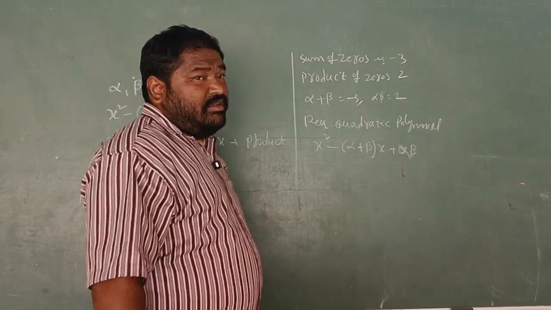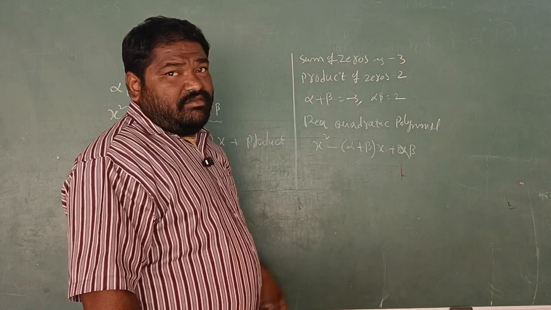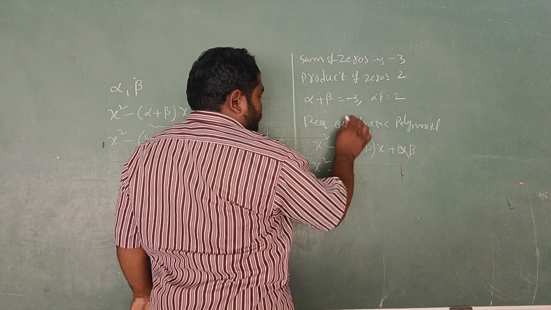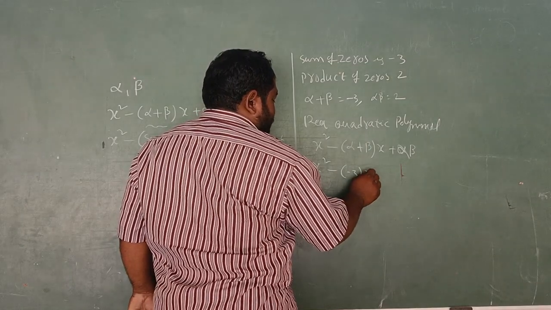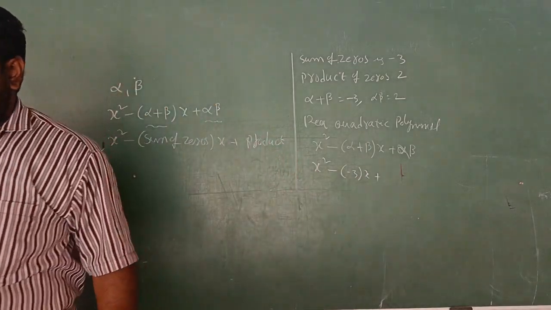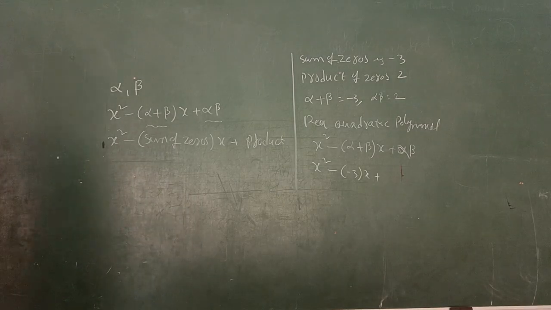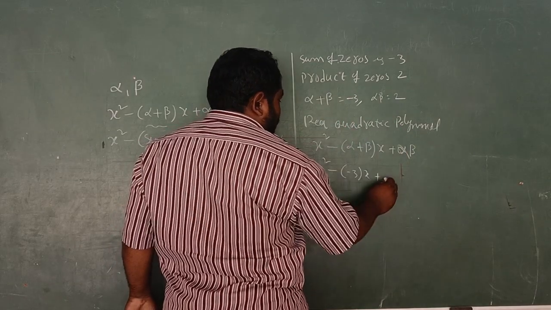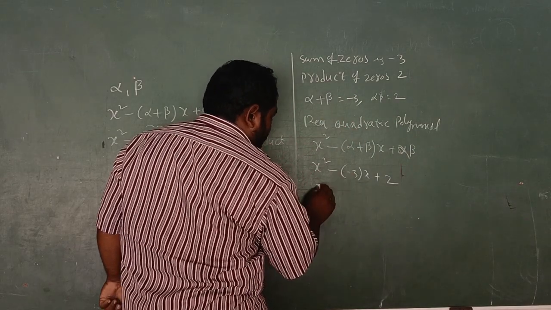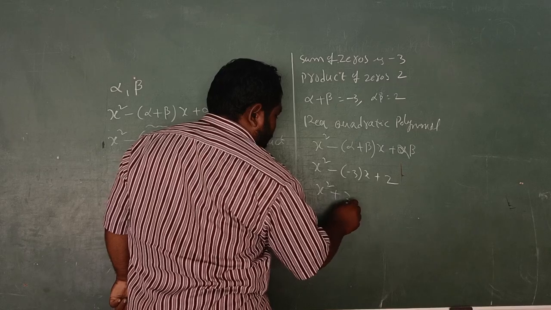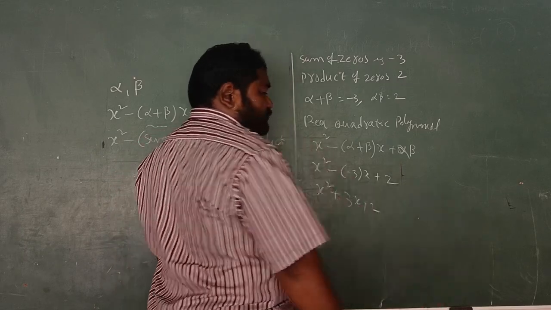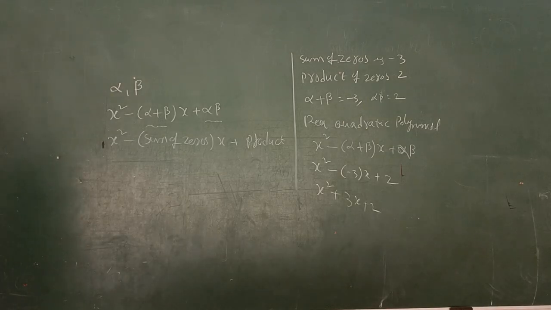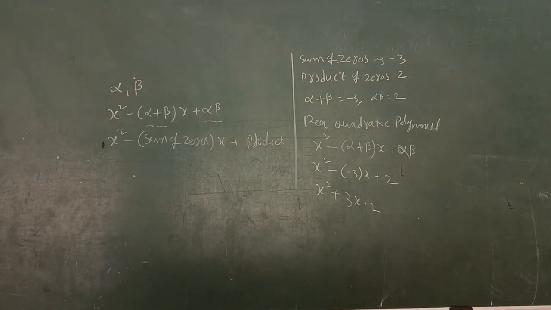Therefore, x square minus (-3) into x plus 2. Minus into minus is plus, so x square plus 3x plus 2. This is the required quadratic polynomial when the sum of zeros and the product of zeros are given.